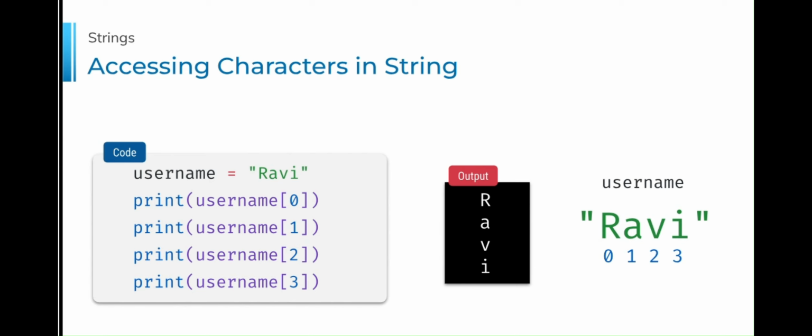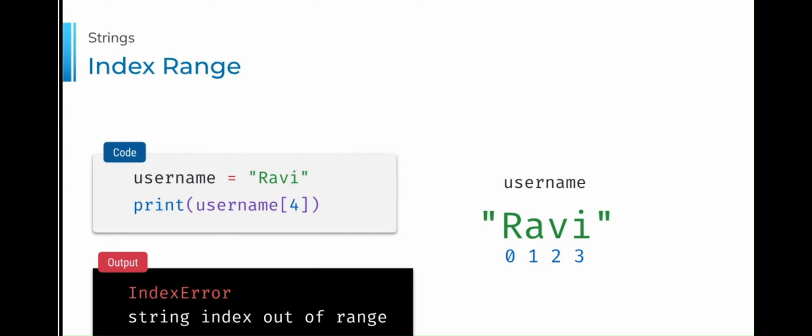We have accessed all the values R, A, V and I. If we use 4 as the index, it shows string index out of range, because the length of the string is only 4 characters and the starting index is 0. If the index is not less than the length, it shows string index out of range.